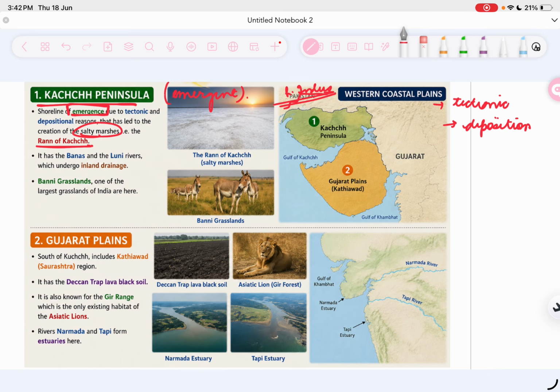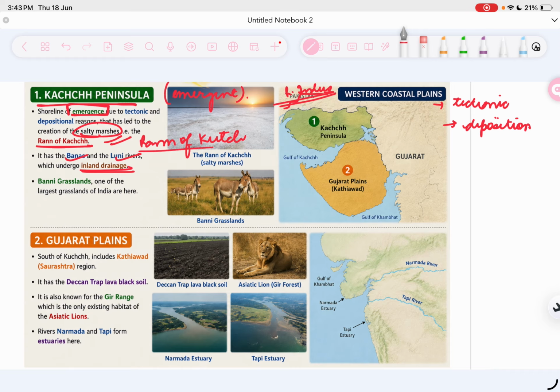Earlier, over the land we used to have the ocean, and from the water these salty deposits were left on the land. And when rivers like Banas and Luni form inland drainage in the Kutch Peninsula, they form salty marshes there, called the Rann of Kutch.